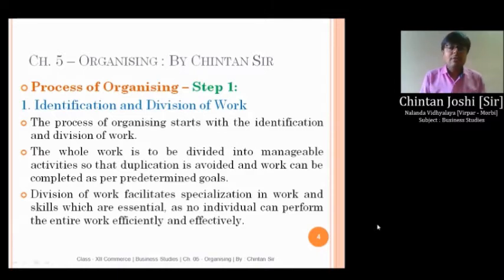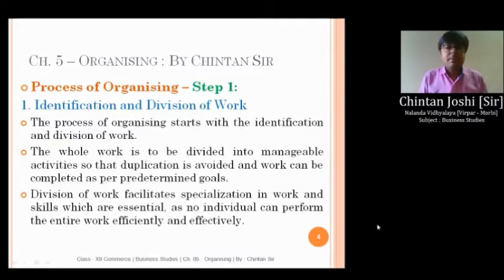The same applies here. The objective behind the division of work is to get the facility of specialization in work with the skills of that particular employee. An individual cannot perform the entire work efficiently and effectively, so we do division of work.